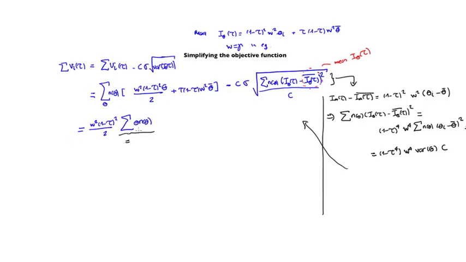This is just equal to c times theta bar, the mean theta, times the number of consumers, plus tau (1 minus tau) w squared theta bar times the sum of n theta. But let's think about what that is. That term is just equal to c, the number of consumers.